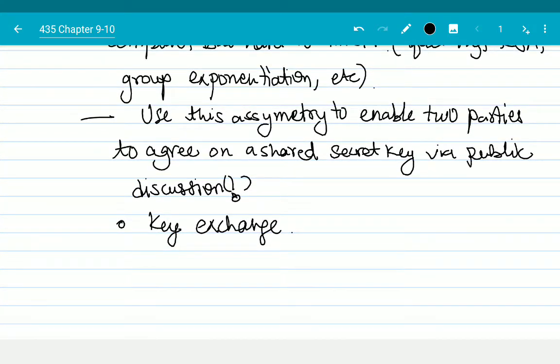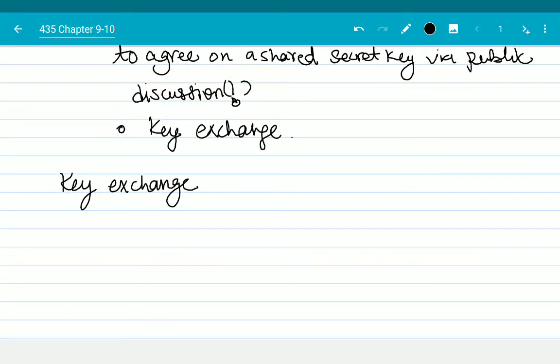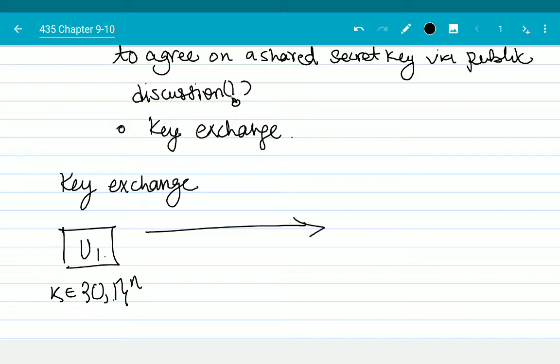In terms of an image, key exchange should look like this. You have a user U1 who has something that they are going to send to another user U2.